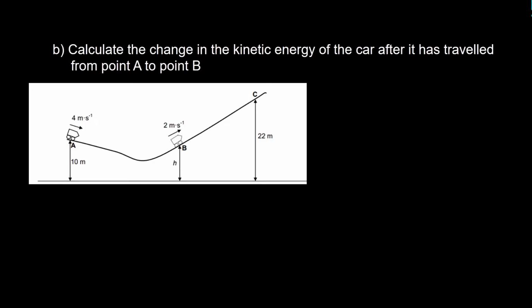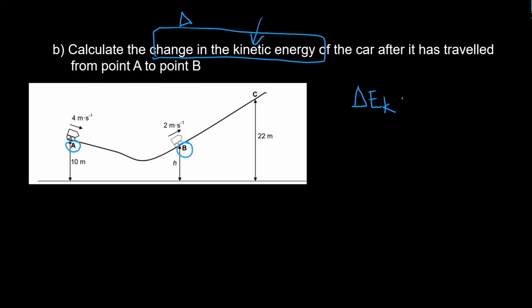Calculate the change in kinetic energy, the delta, of the car after it has traveled from point A to point B. They tell us which energy they want us to work with: kinetic energy.